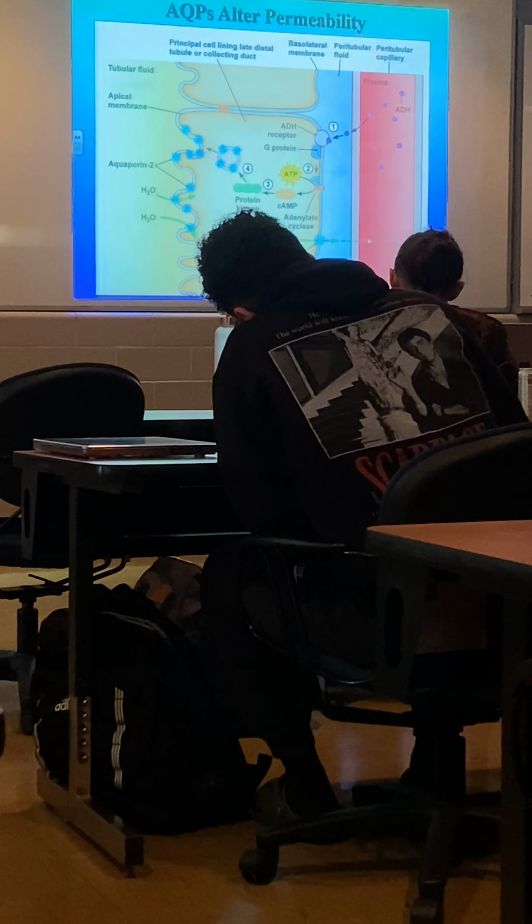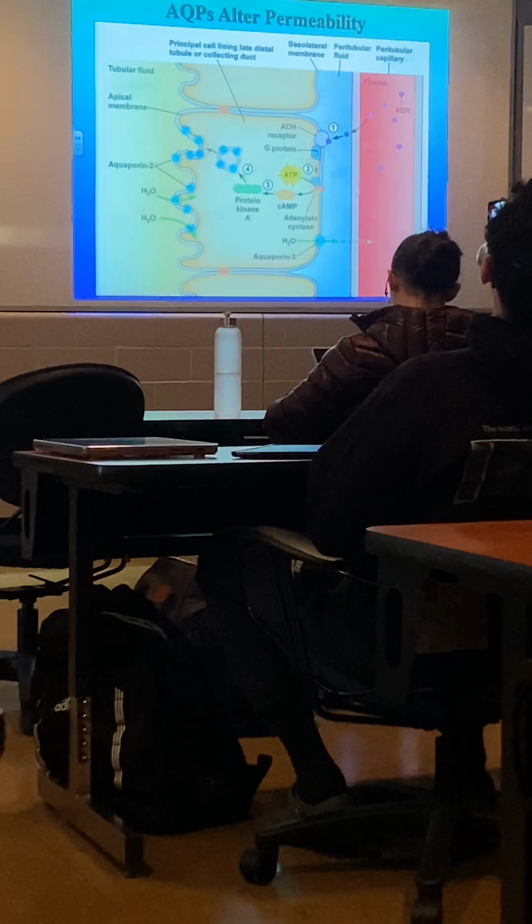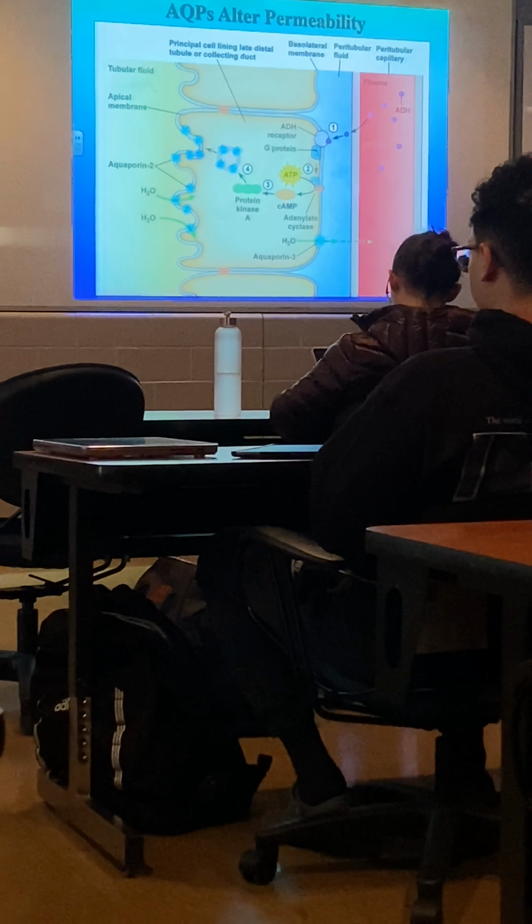Now, if a person has a high osmolarity in the blood, something's wrong. That shouldn't happen. Just a couple of things to be aware of. When we measure osmolarity in blood, we're not necessarily measuring all of the different particles that contribute to the osmolarity. Very often, we're just going to look at sodium.